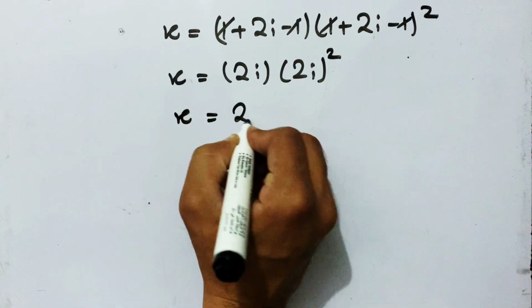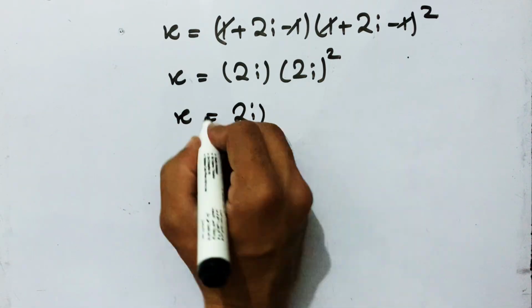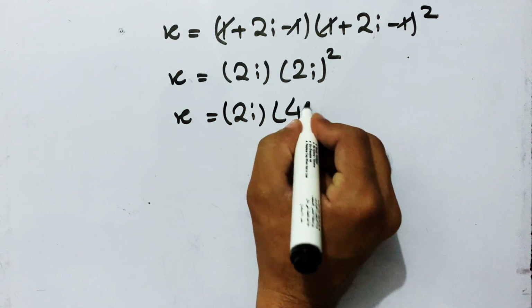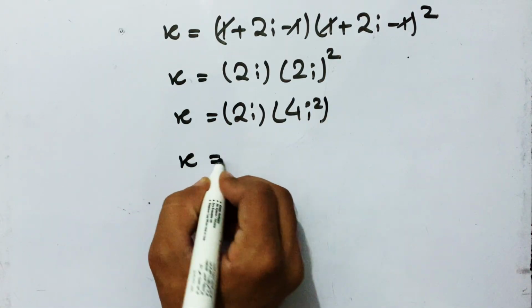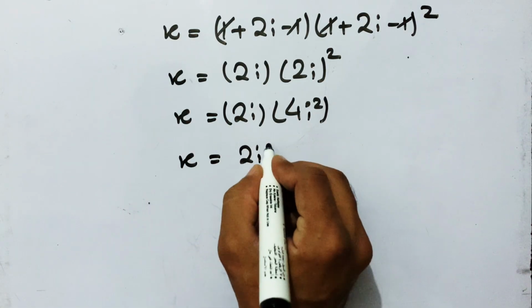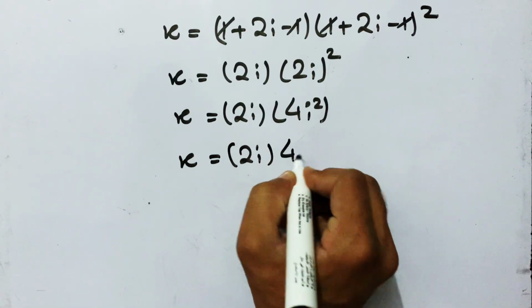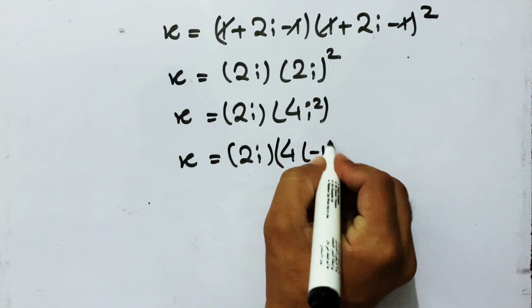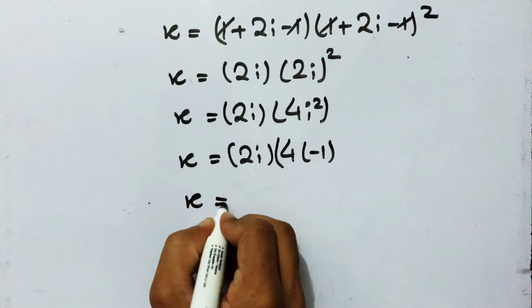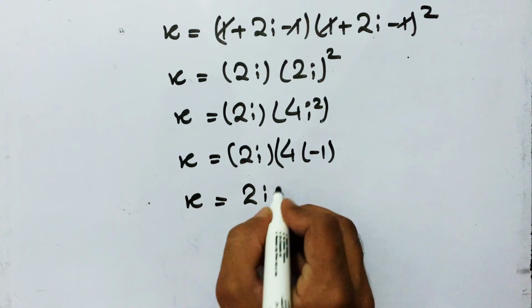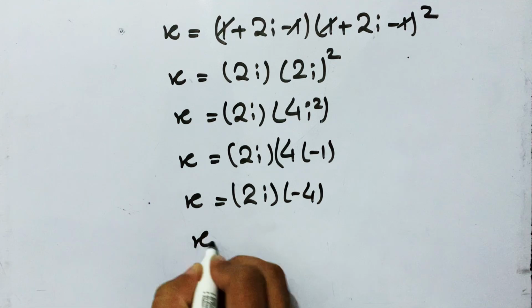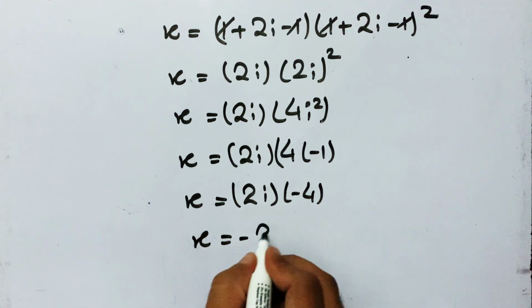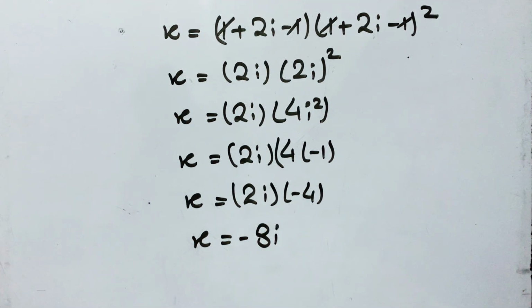X is equal to 2 iota into 4 iota square. Iota square is minus 1, so 2 iota into 4 into minus 1. X is equal to 2 iota into minus 4. X is equal to minus 8i.